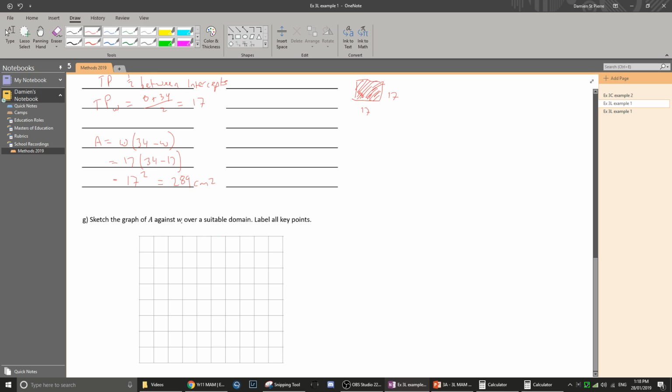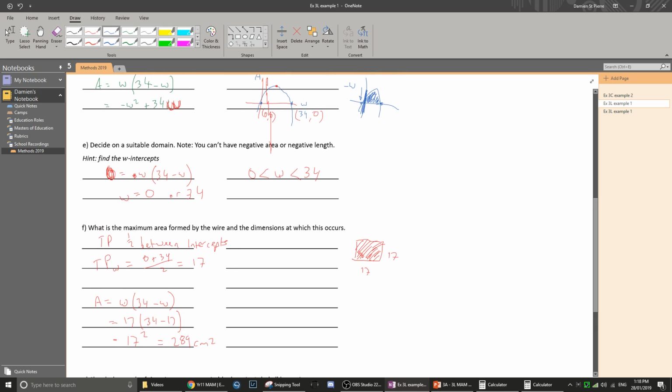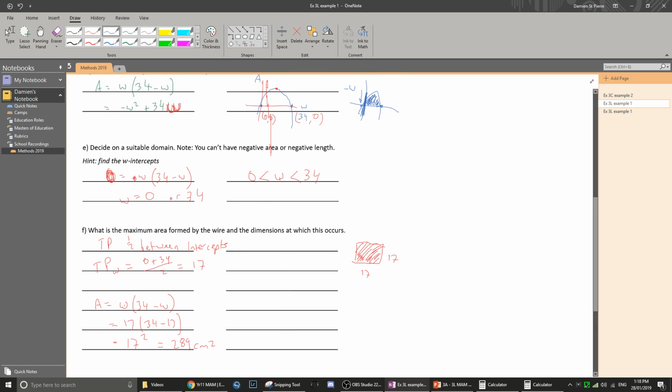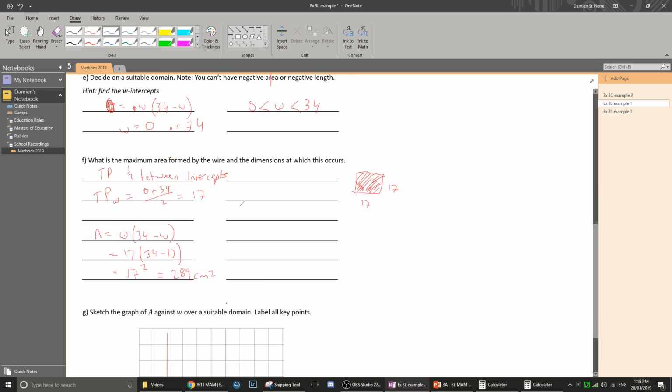Now sketch A against W over a suitable domain. I'm going to apologize in advance for my sketching, doing this on a note. We figured out that 0, 0 and 34, 0 are our two intercepts, and then our turning point W was at 17 and our area is 289.